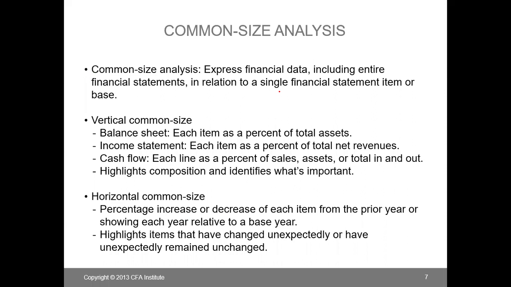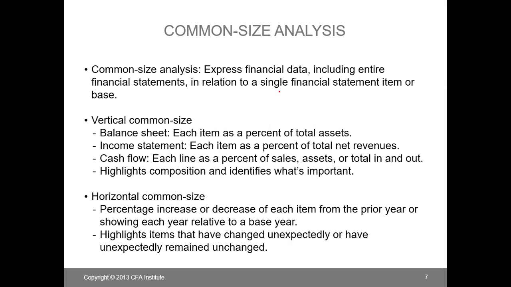In this case, we can express the financial statement data relative to a single financial statement item or base number, which, in case of income statement, you can take as sales.